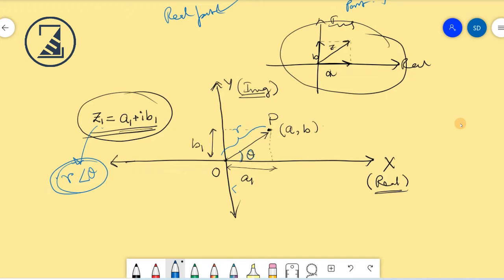Now if this is theta, then by standard trigonometry rules we can find this is r cos theta and this is r sin theta. So this is a1 and b1. So a1 is r cos theta, and b1 is r sin theta.